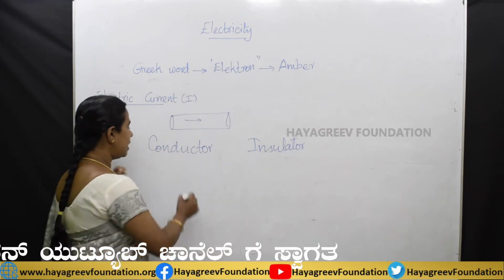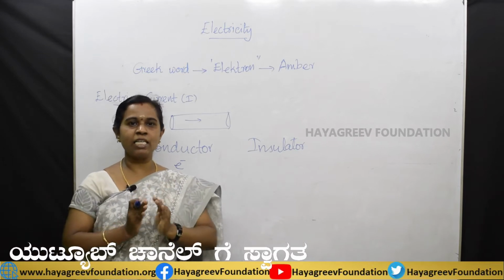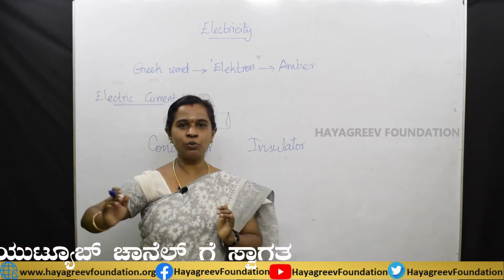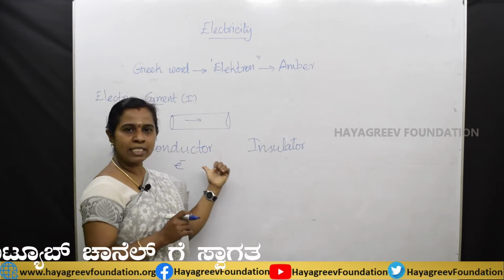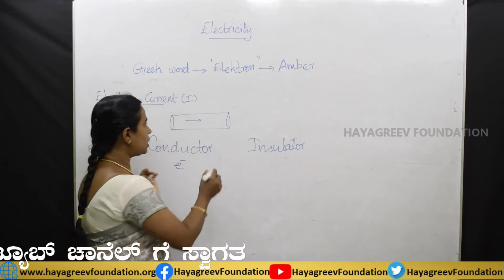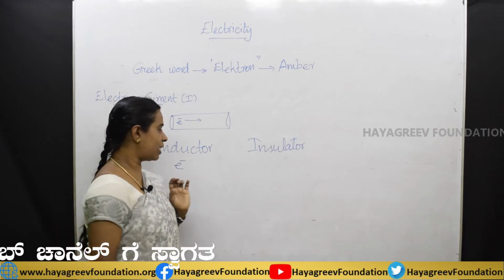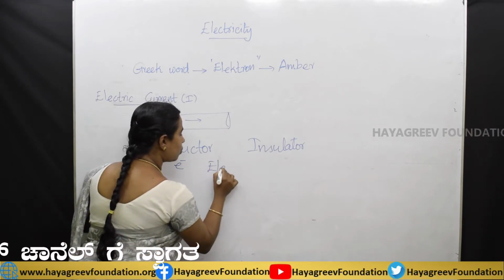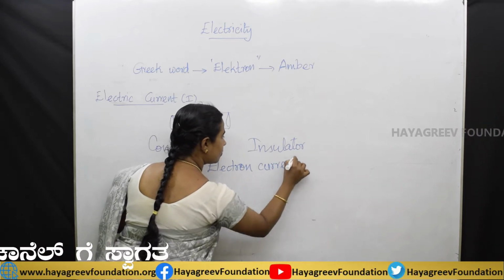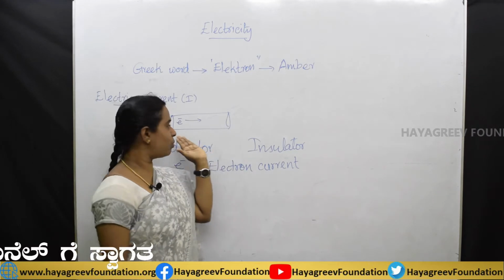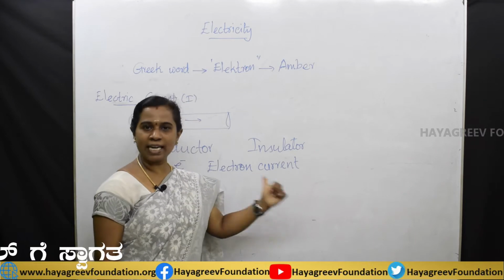In a conductor, there are a number of free electrons. These free electrons are not present in a particular place; they move from one place to another. That is why they are called free electrons. These free electrons are responsible for conductivity. These free electrons start to move from one end of the conductor to the other end, which is called electron current.